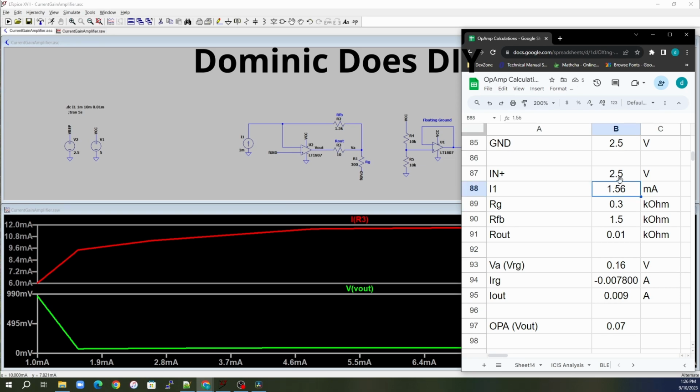As soon as I go past that, let's say if I crank this up to 2 milliamps, my output voltage now goes negative, so I'm done. I can't go any farther. So the limitation on this one is about 1.55 milliamps as an input to be able to keep the gain of 6.